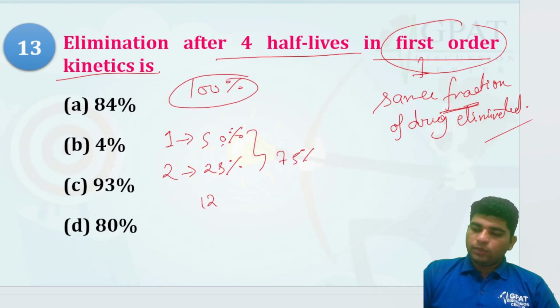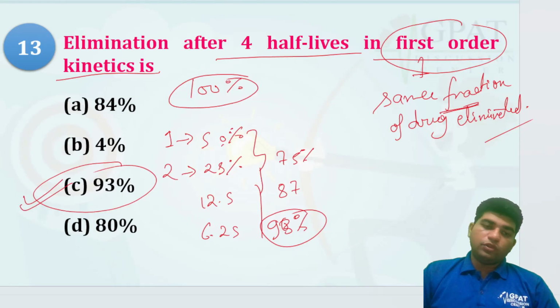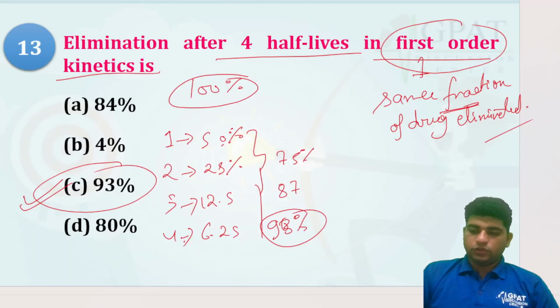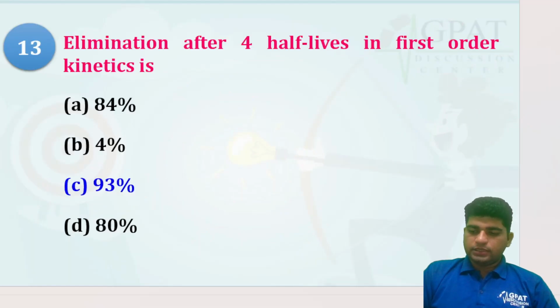Then 12.5, that is 87%. Then 6.25, it will be around 93%. So the answer would be 93% of the drug eliminated after 4 half-lives.